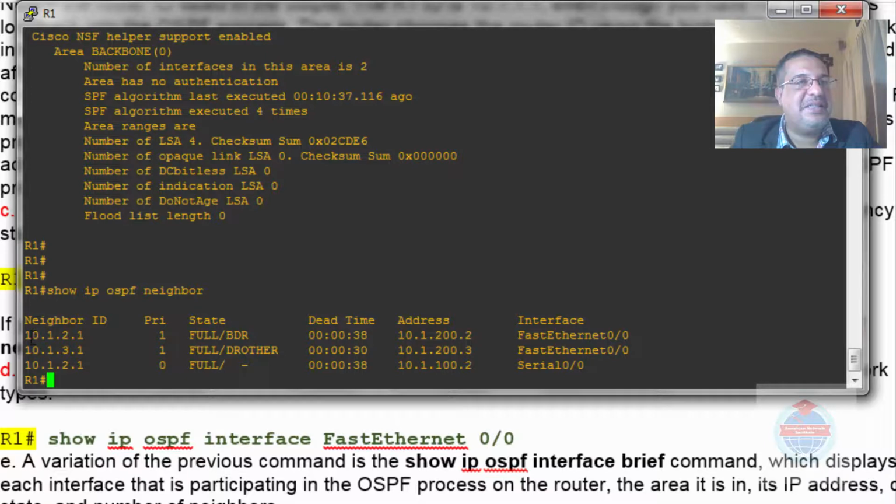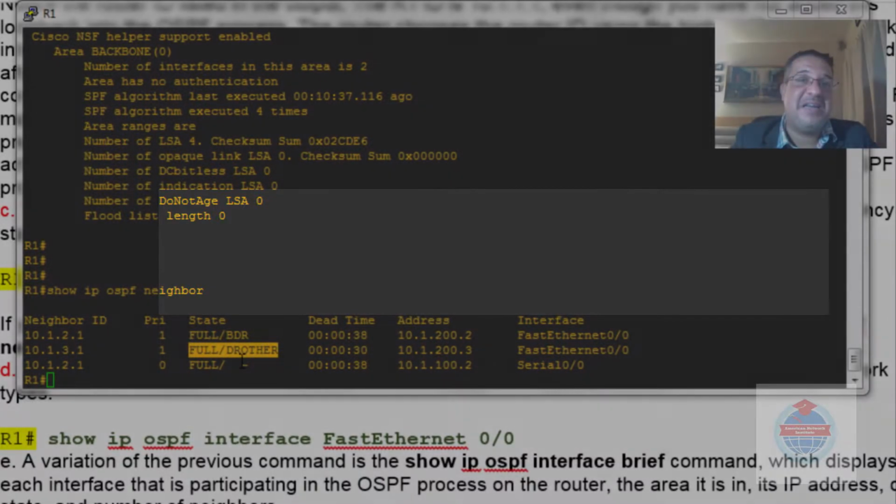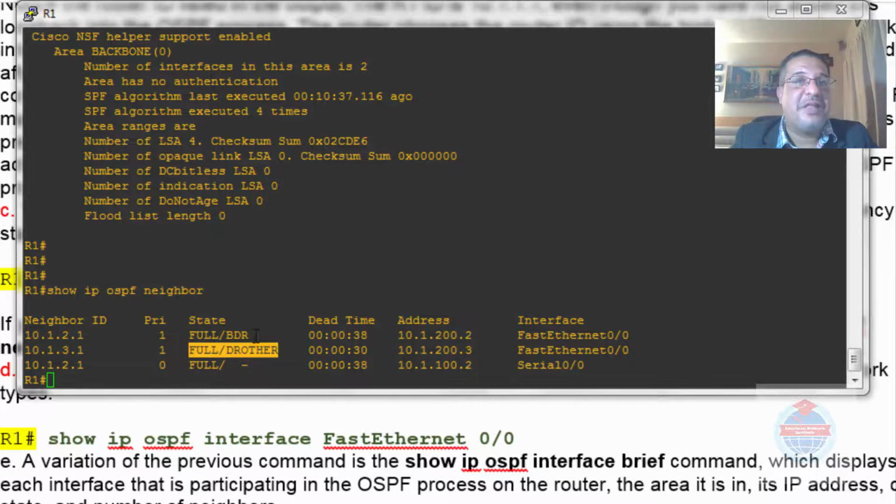It can read the other routers from router 1. It can see router 2 and router 3. And this part over here, DR other. What does that mean? If we have the BDR and we have DR other, that means that you probably are going to be the DR, the designated router, and the DR other is not either one, the one that has the actual table.